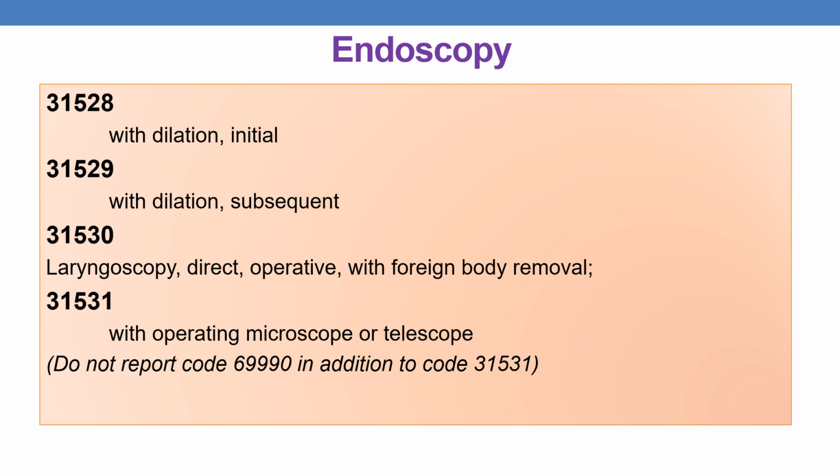The next is 31531. It deals with laryngoscopy direct operative with foreign body removal with operating microscope or telescope. If the foreign body removal is done by using microscope or telescope, then the CPT is 31531. And do not report 69990 in addition to 31531 because operating microscope is already included here.